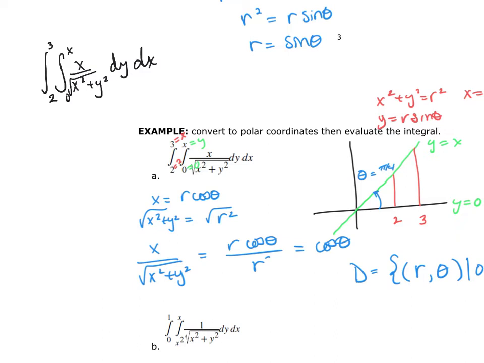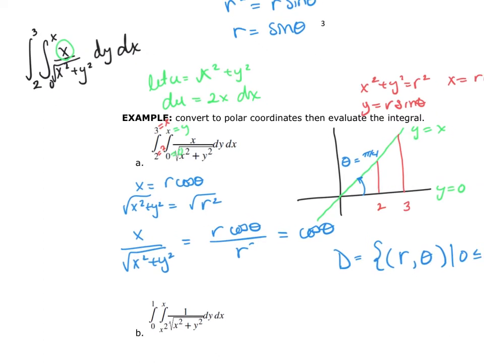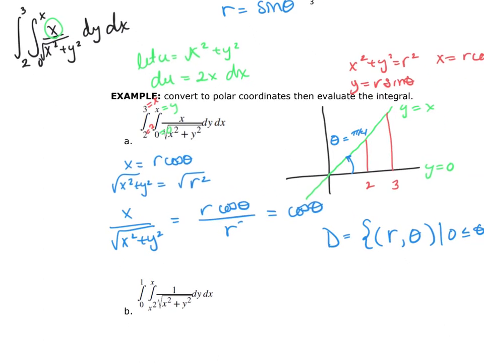What I mean by this is that if I said let u equal x squared plus y squared, then du with respect to x would have been 2x dx. And I see this x here, so I probably would have switched the order of integration and done a u substitution. However, that is not what they asked me to do, so I went through all of this to do what they asked me to do.